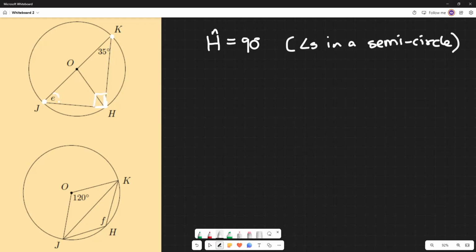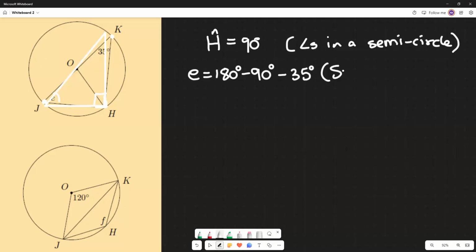I can easily get this angle using this big triangle. So angle E will be the same as 180 minus 90 degrees, which is H, minus 35, which is K. And then your reason will be sum of angles in a triangle.